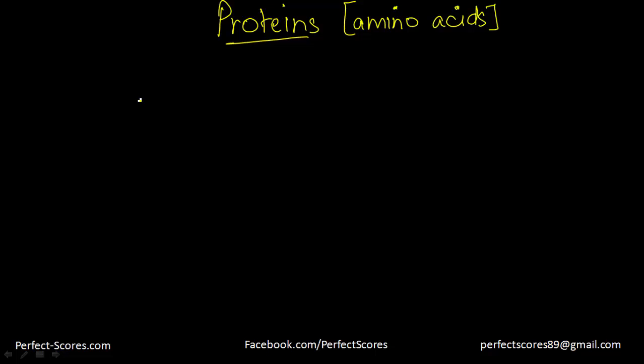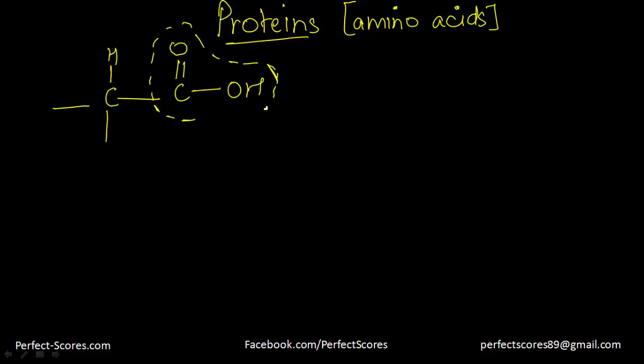So let us go ahead and identify some amino acids. Amino acids will usually have a structure like this, a carbon atom in the center. A carboxylic group will be there. So this over here is known as a carboxylic group.